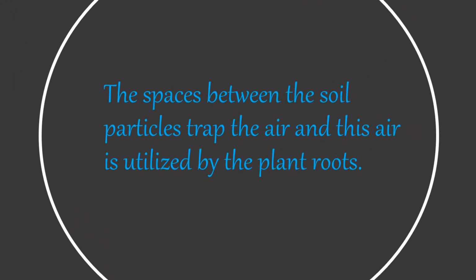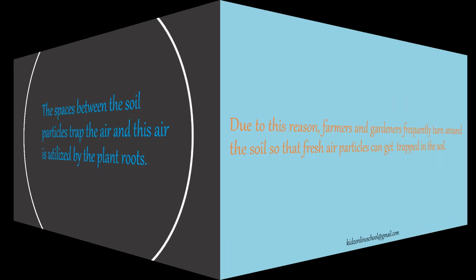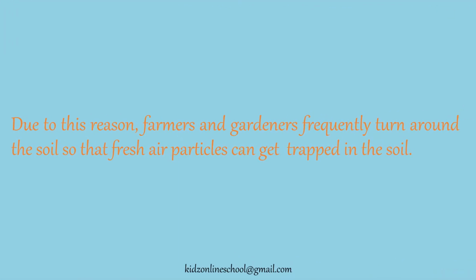The spaces between the soil particles trap air, and this air is utilized by the plant's roots. Due to this reason, farmers and gardeners frequently turn around the soil so that fresh air can get trapped in the soil.